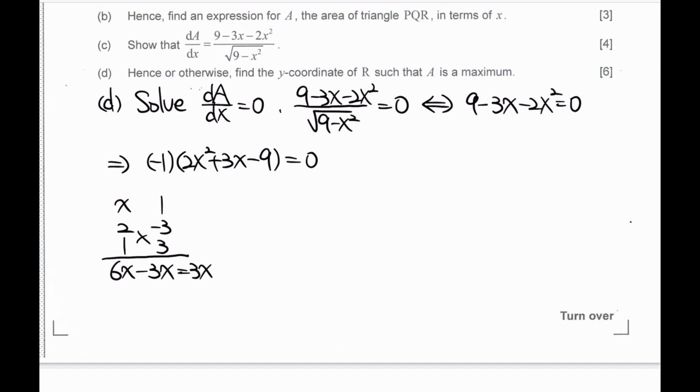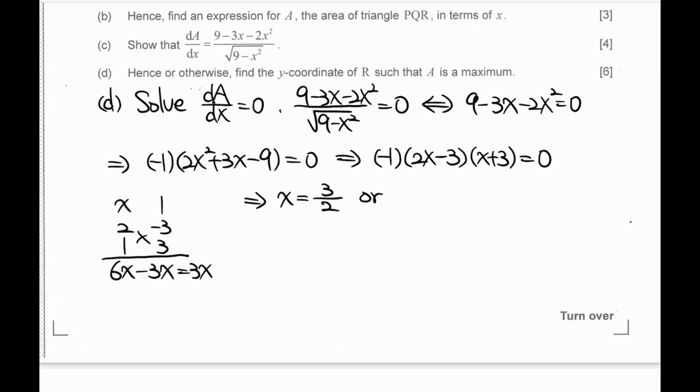This is what we want. So our decomposition is negative 1 times (2x minus 3) times (x plus 3) equal to 0. Alright, so this implies that x is equal to 3 over 2 or negative 3.